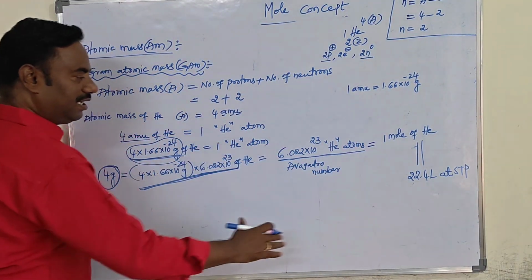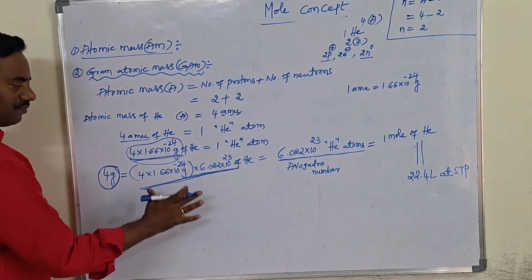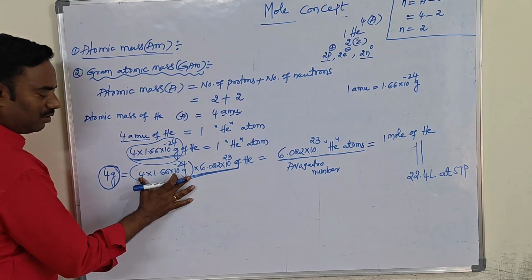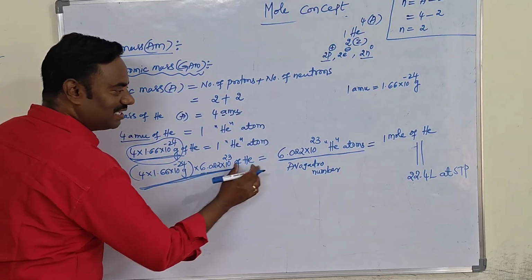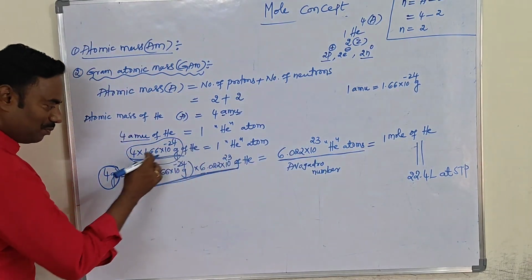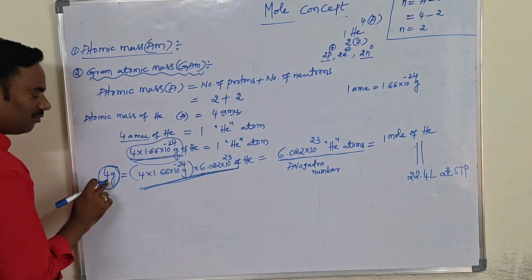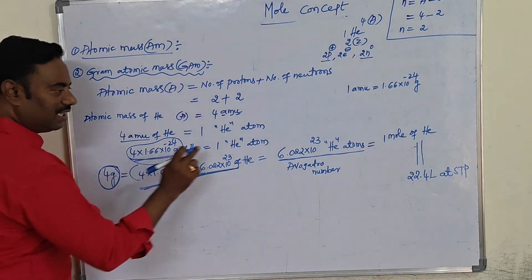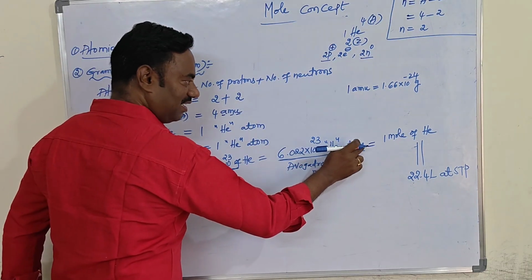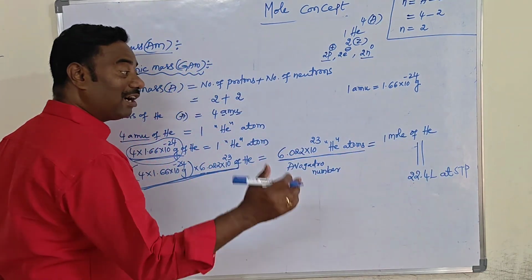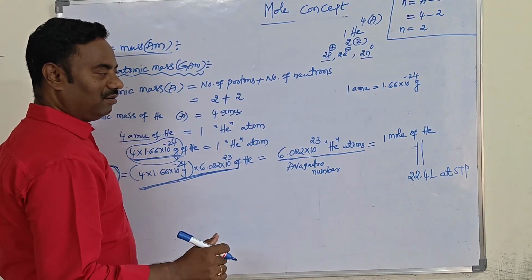Now see the entire connectivity. Already I explained. Up to here, 1 helium atom multiplied by this number gives these many helium atoms. When you simplify this, you will get 4 grams. That means in 4 grams, these many helium atoms are there, so it is equal to 1 mole of helium according to the definition of mole.